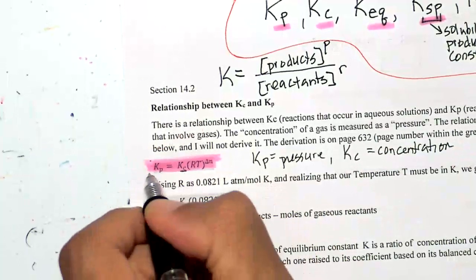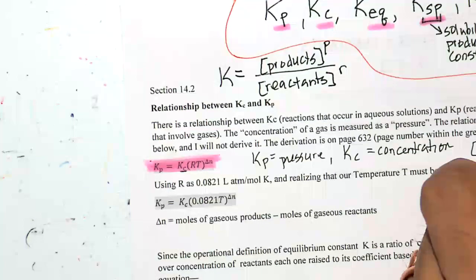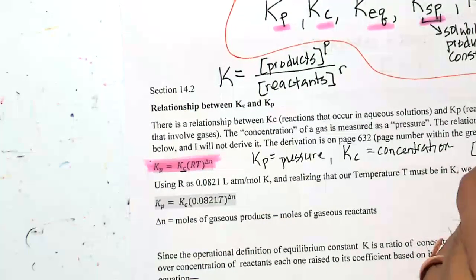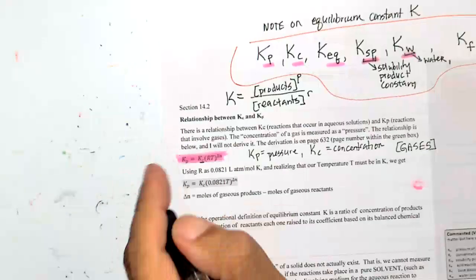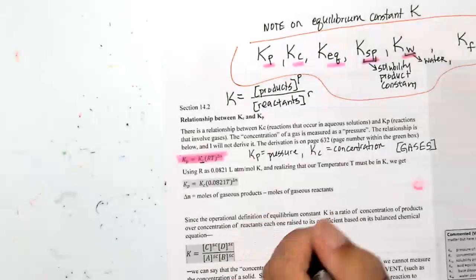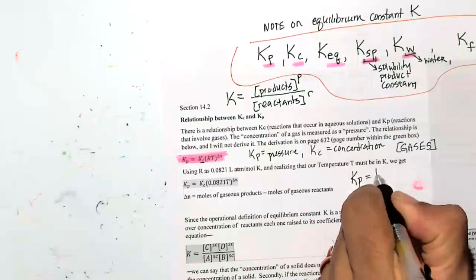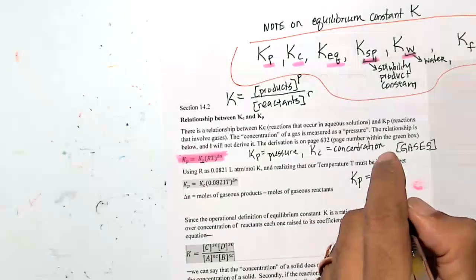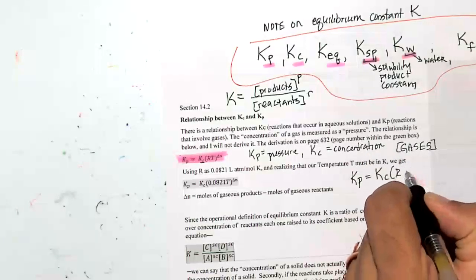So, going from Kp to Kc happens if you're dealing with gases. I'll give you this on the exam, so you do not have to worry about memorizing it. Unless I tell you to, do not memorize this.